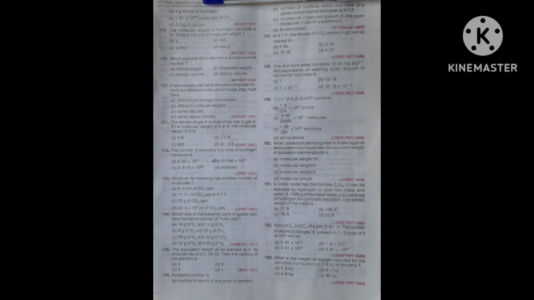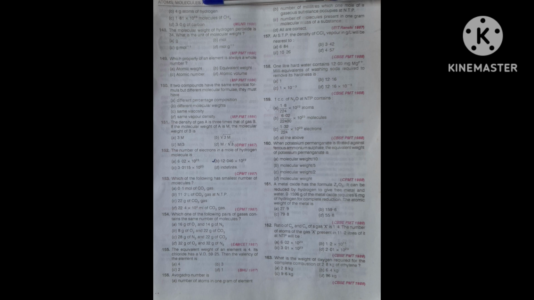You know that 1 mole of carbon tetrachloride, CCl4 vapor: 12 plus 4 into 35.5 is equal to 154, so the molecular mass is 154 gram, and 1 mole means 22.4 liter.